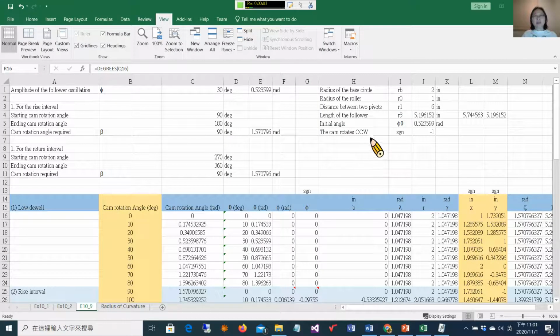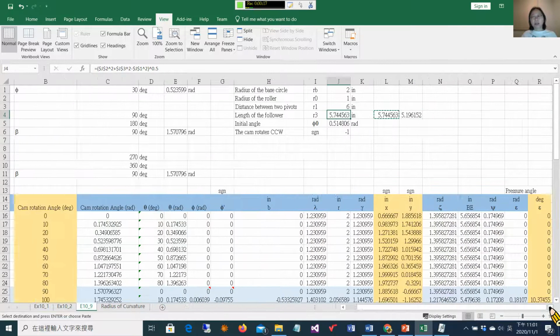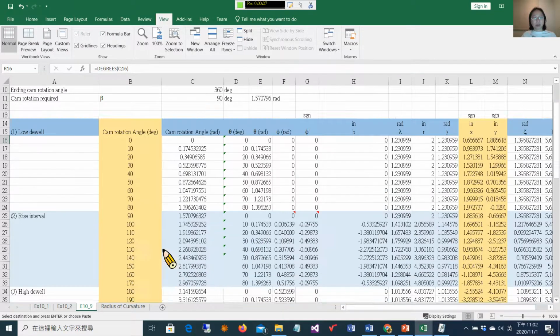I multiply the value of R3 into 5.744 inch. You see, we can get the pressure angle is zero at low dwell positions.